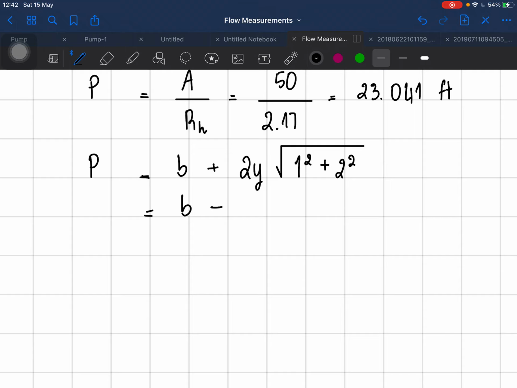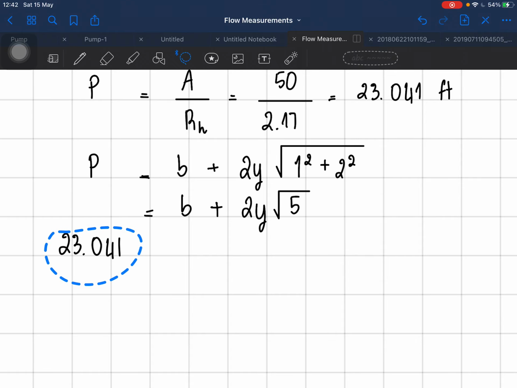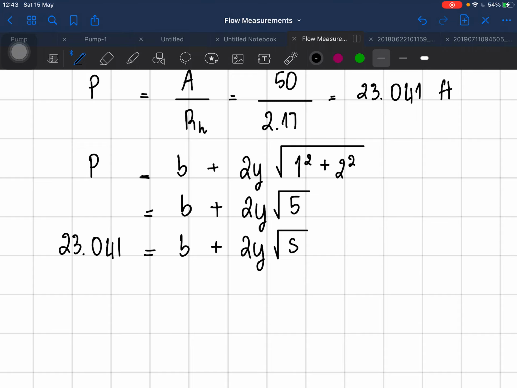B plus 2y square root of 5. So this thing here, 23.041, equals b plus 2 square root of 5.